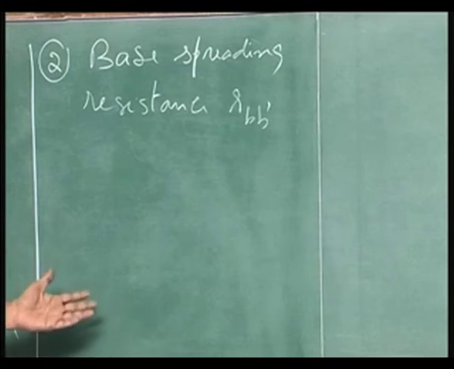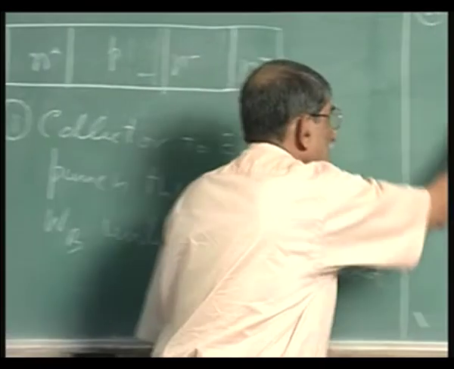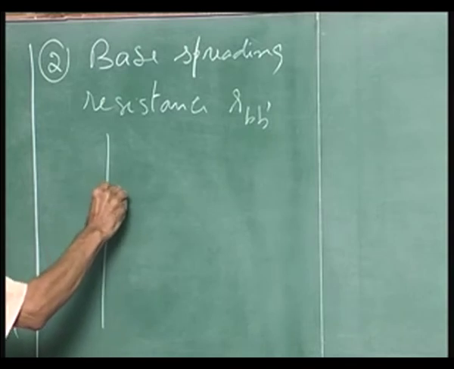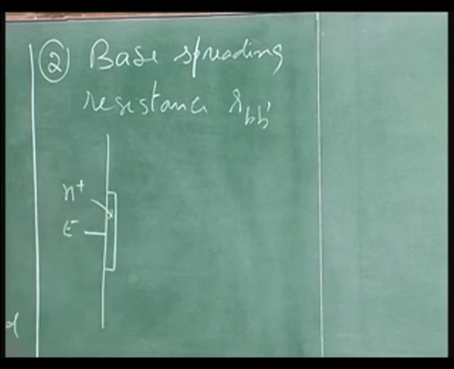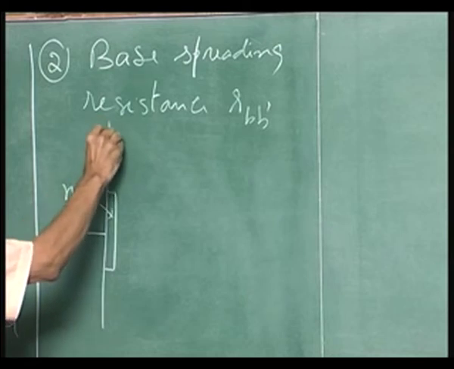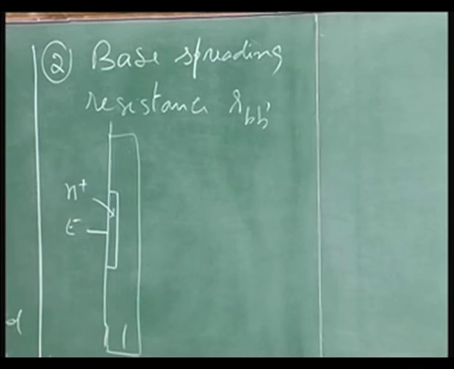So, it is RB, base resistance, which is external to the device. I have an N plus layer here, and then I have this P region, P layer coming up here.